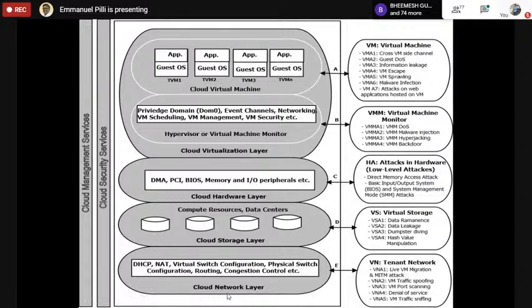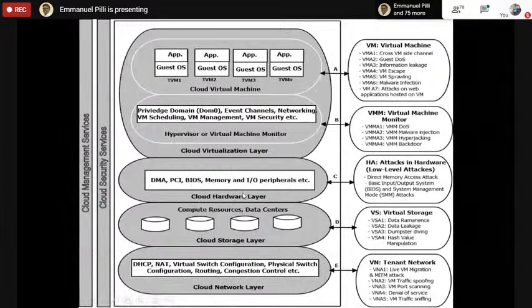Is any anomaly appearing here? Hardware, storage, network, 3 layers. In the diagram.